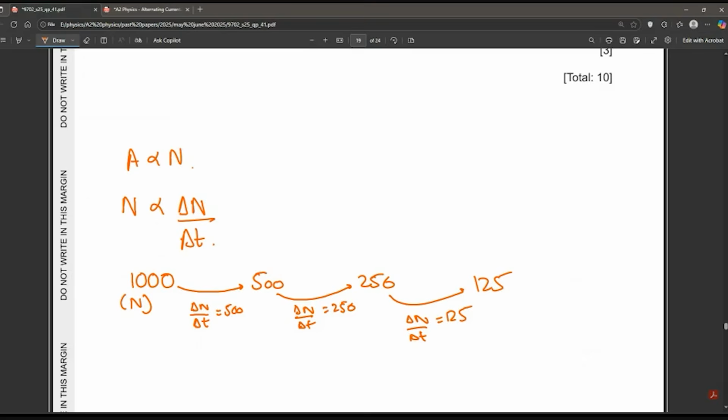Undecayed nuclei. That's why if I combine these two equations, activity is solely dependent on the rate of change of undecayed nuclei. That's why activity is exponential.